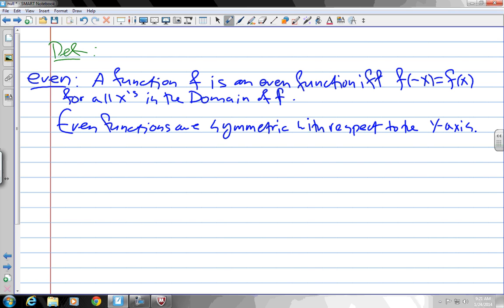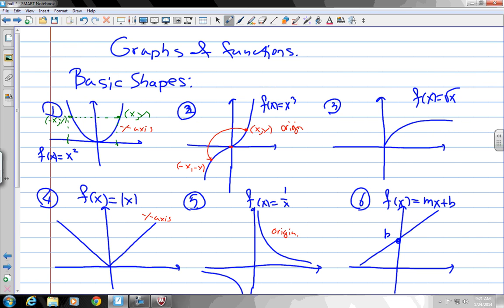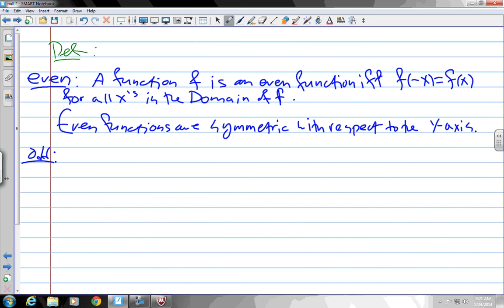So the odd functions, these are the ones that are symmetric around the origin. So here it says, if I change the sign of x, the sign of y will also change. Okay? So that means f of negative x equals negative f of x. So that's the definition of an odd function.